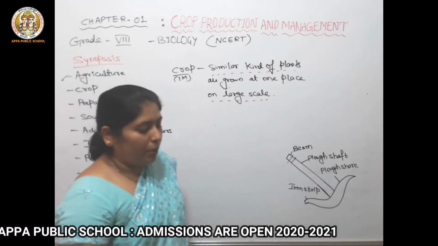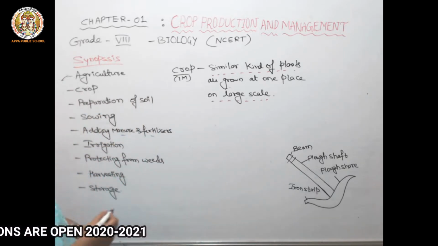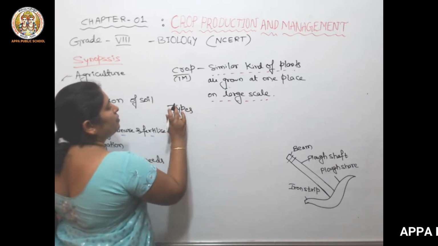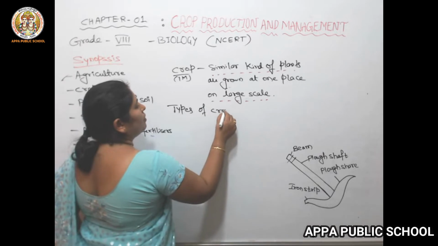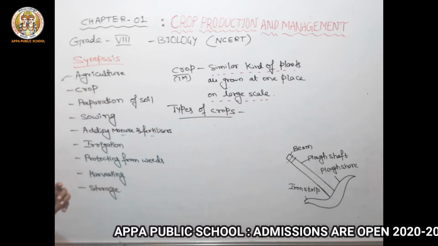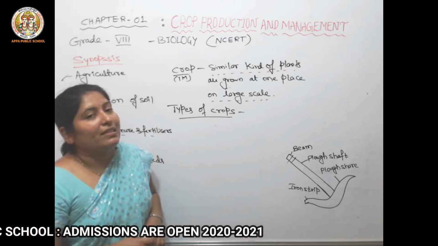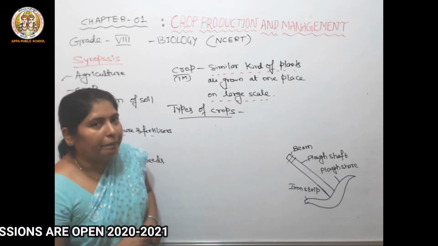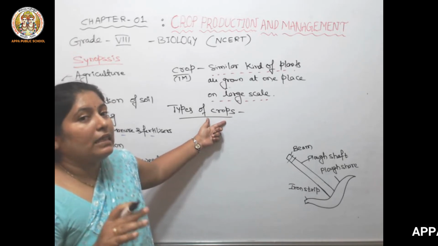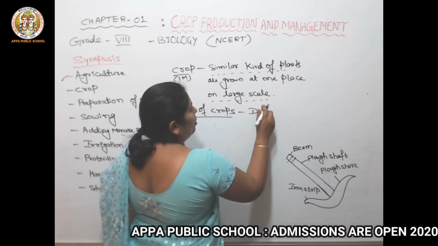Right? So now the next one, which is very important again, is the types of crops. Okay, students. Here, types of crops means we are again dividing the crops depending upon the season in which we are growing them. You should remember that the classification of crops depends upon the season in which we are growing them.